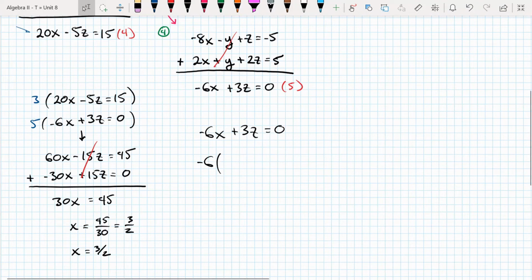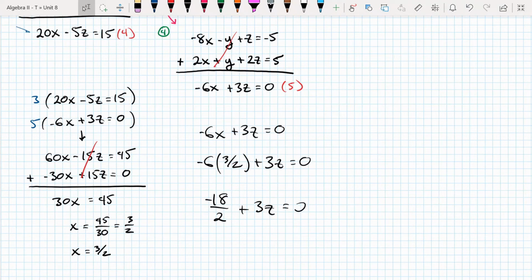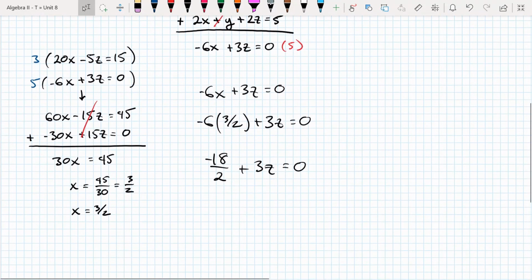So negative 6 times 3 over 2 plus 3 times z equals 0. So negative 18 over 2 plus 3z equals 0. Well, we get negative 9 plus 3z equals 0. 3z equals 9. So z equals 3.